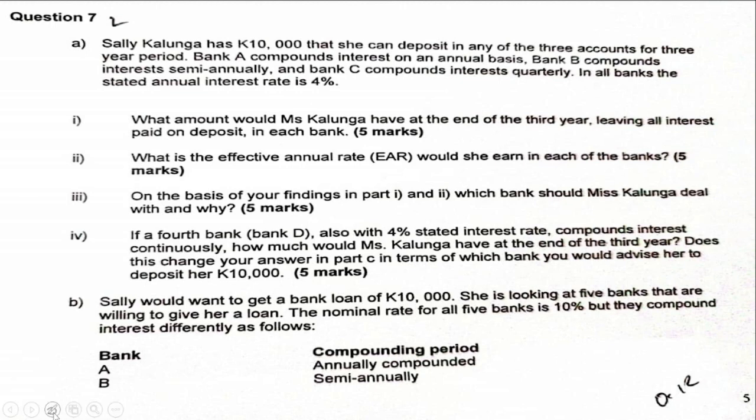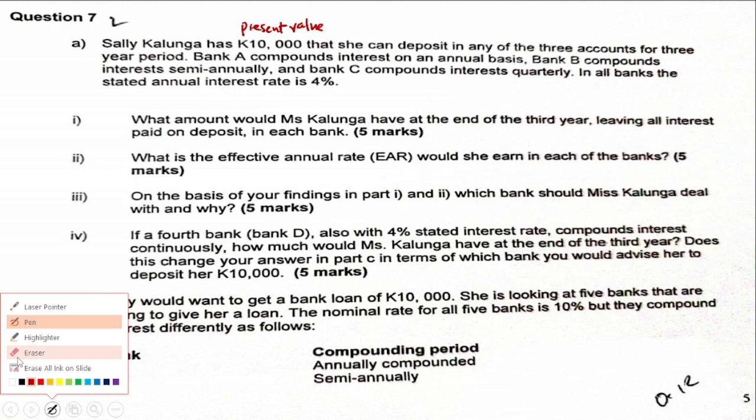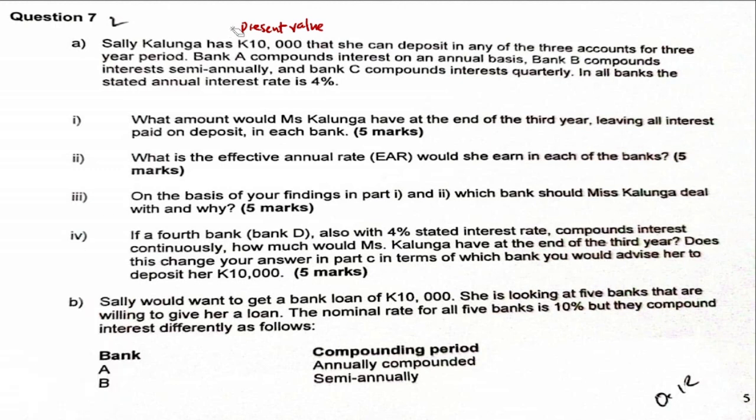Okay, so if you look at this question, we are able to see that the present value, it is 10,000 there. Okay, that's the present value.